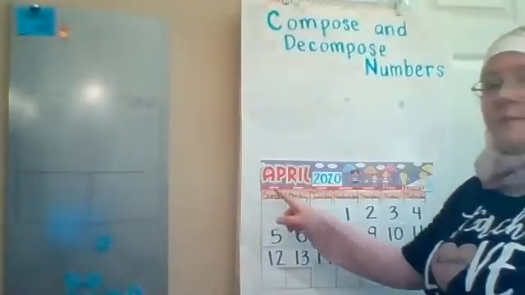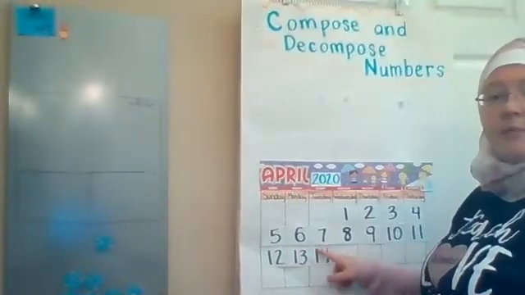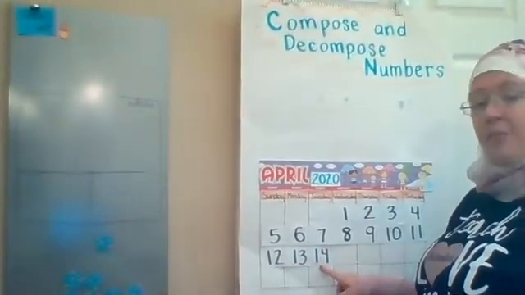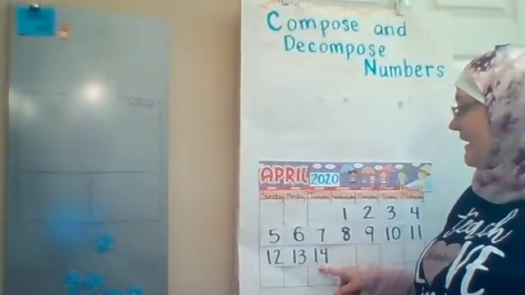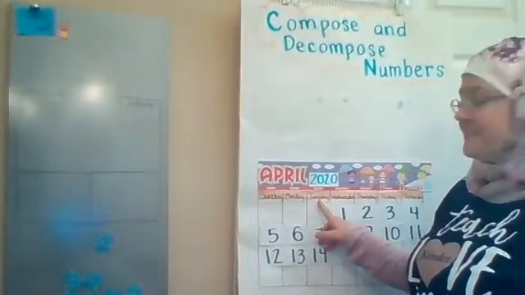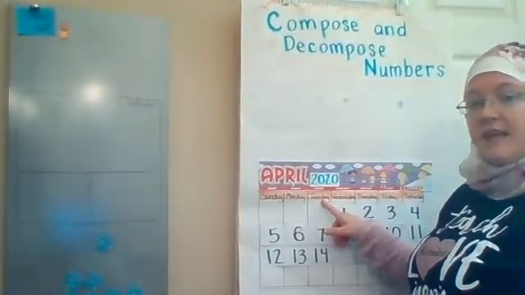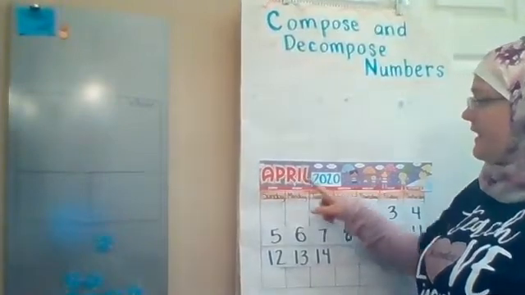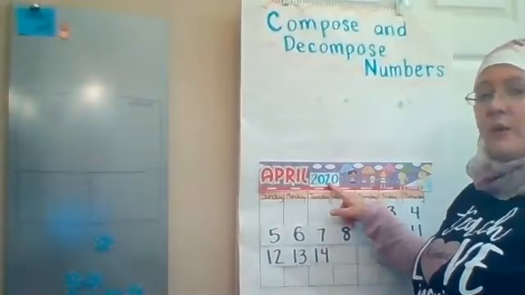So we're still in the month of April. I've gone ahead and put in my number for the day. What number? 14, that's correct. Let's go ahead and track up and see what is today's date. Sunday, Monday, Tuesday. So today is Tuesday, April the 14th, 2020.